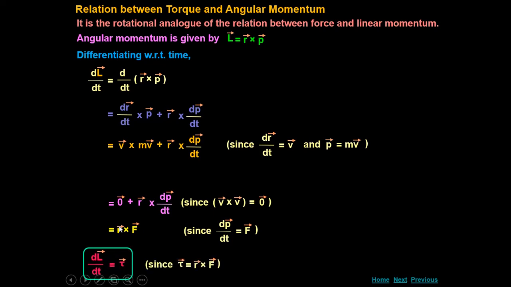So therefore, coming back to the left side, dL upon dt equals r cross F. From the definition of torque, r cross F is nothing but torque.